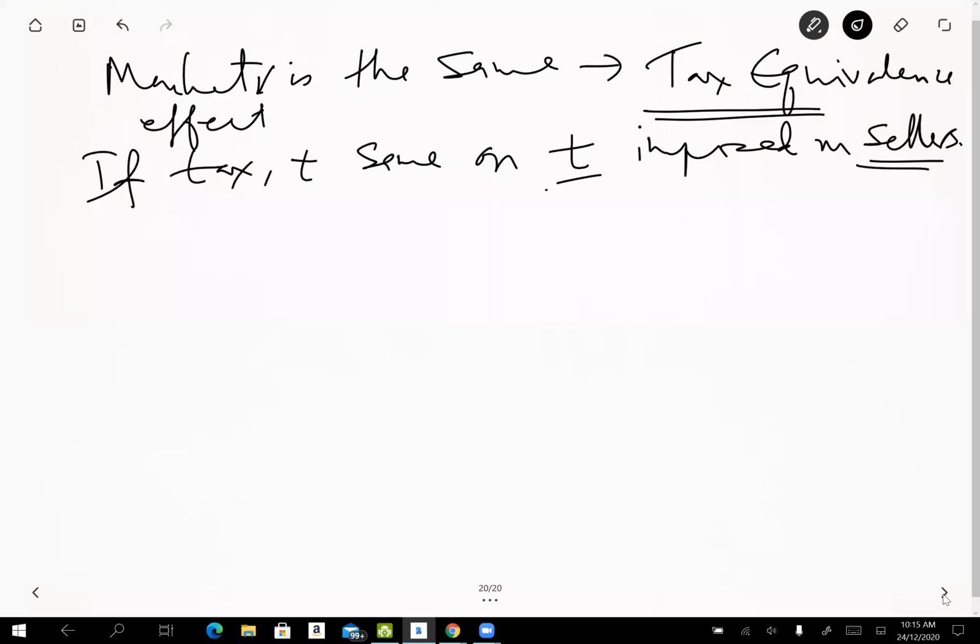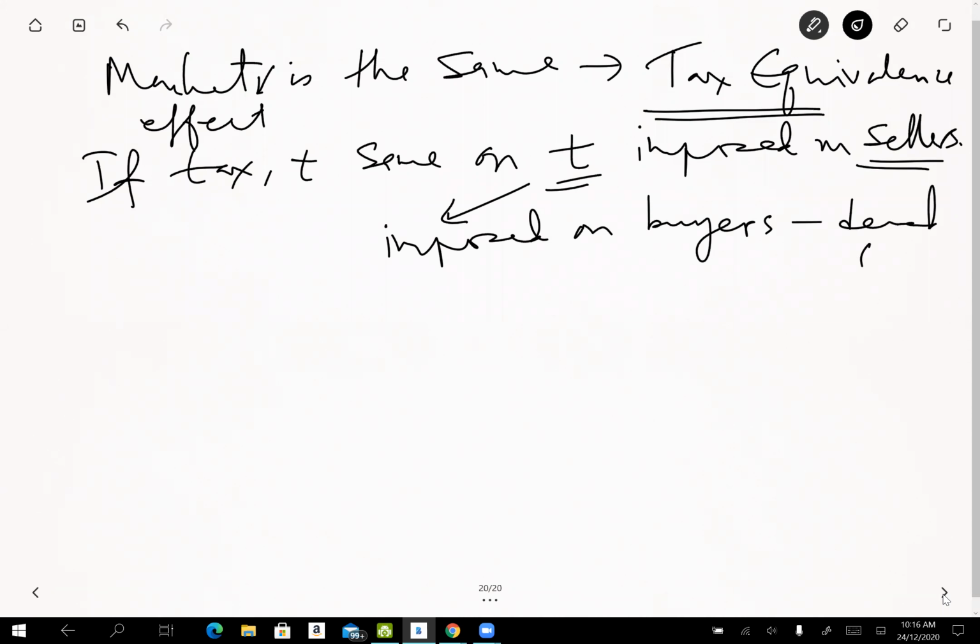So the same tax as what we imposed on the sellers is now imposed, not on the firms, but on the buyers, on the demanders. So the effect will be on the demand function.